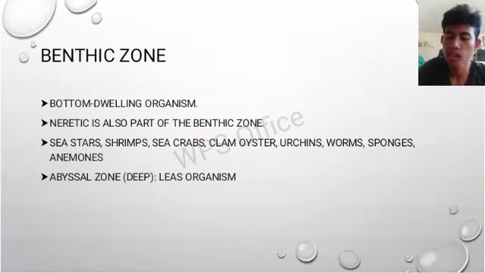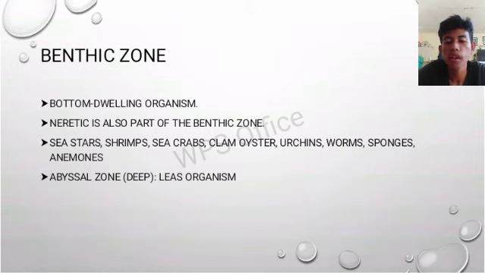Benthic zone. When we say benthic zone, it starts at the shoreline and continues down until it reaches the floor. So, pailalim na siya ng pailalim. Then next is aphotic zone. When we say aphotic zone, region of perpetual darkness that lies beneath the photic zone. The next is pelagic zone.